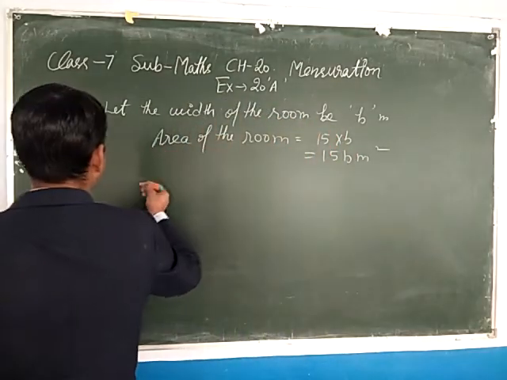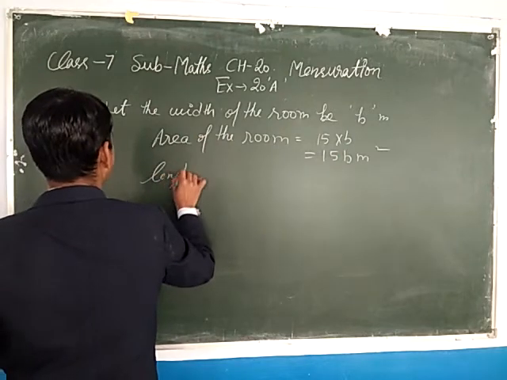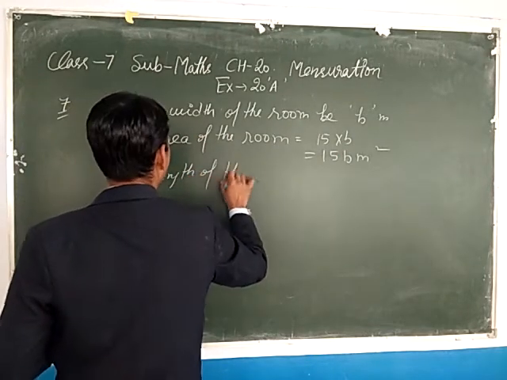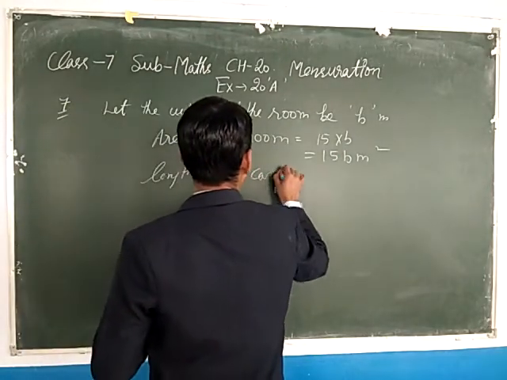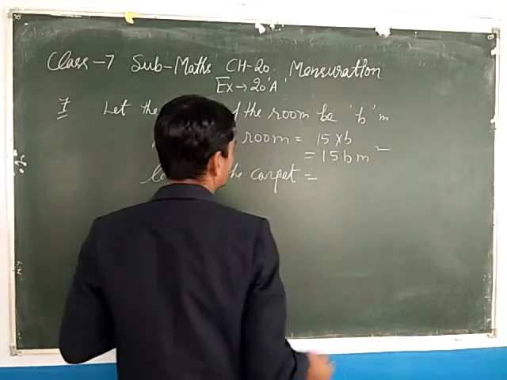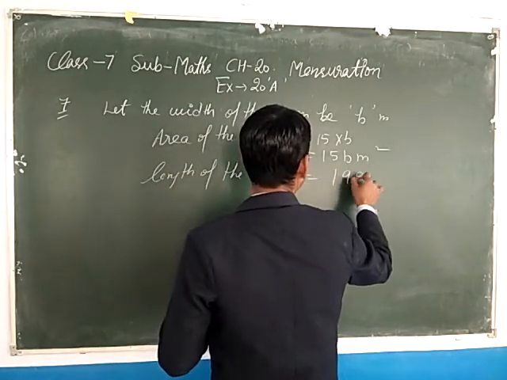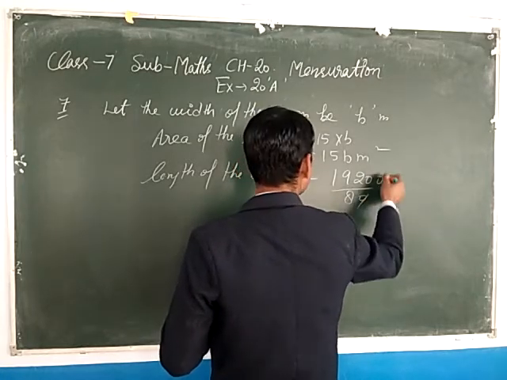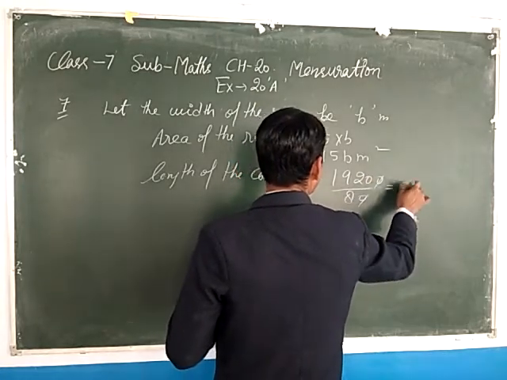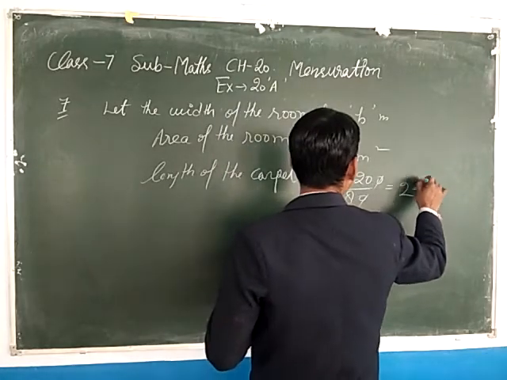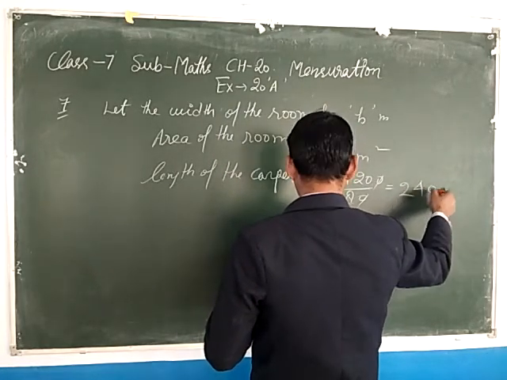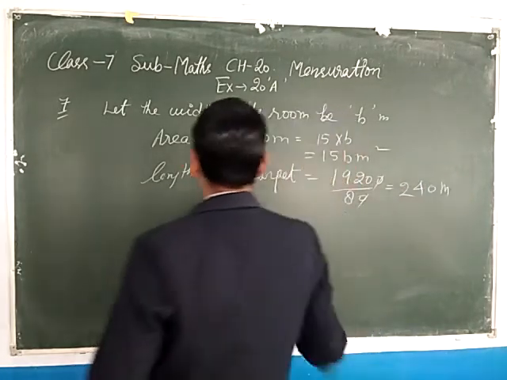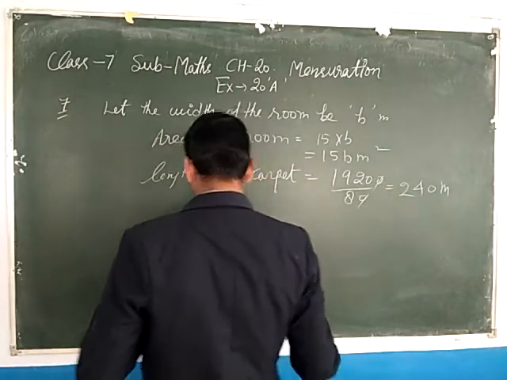Clear beta? Length of the carpet equals total cost 19,200 divided by rate 80. So 0 cancels with 0. 8 twos are 16 and 8 fours are 32. So 240 meter. Length of the carpet is 240 meter.